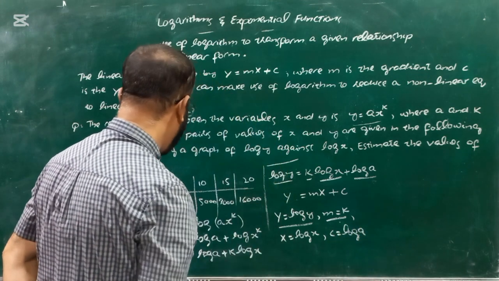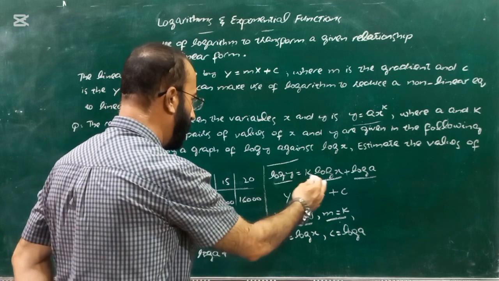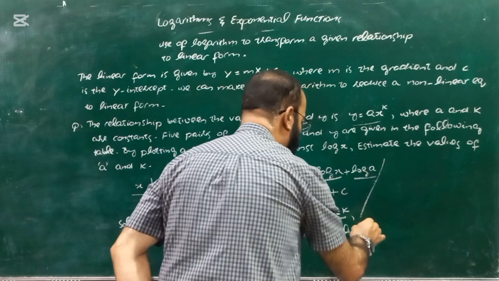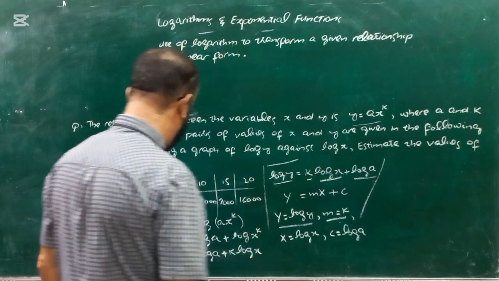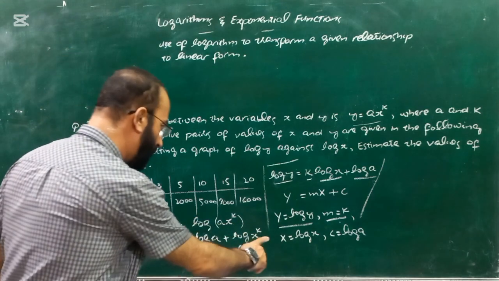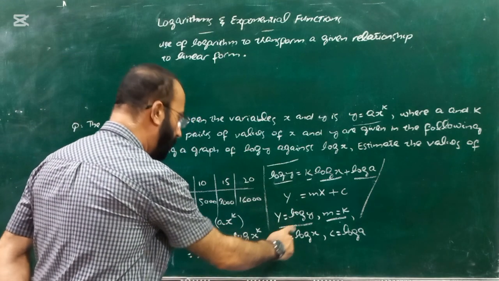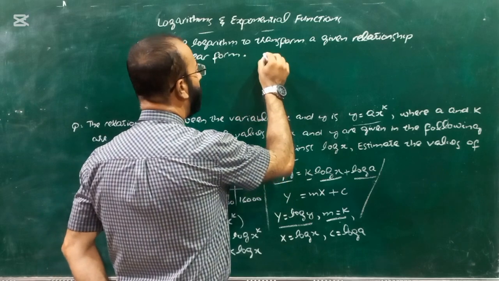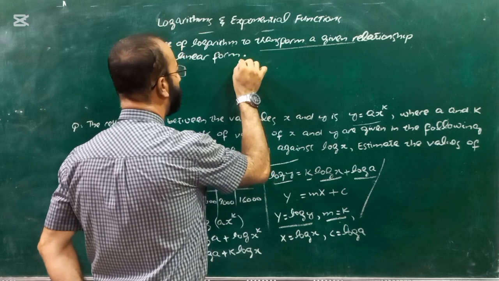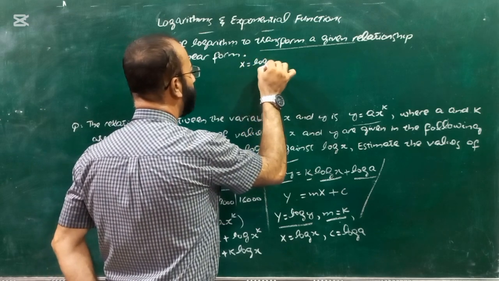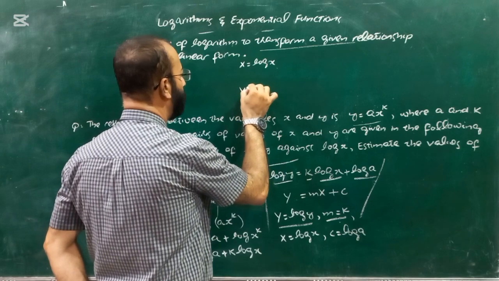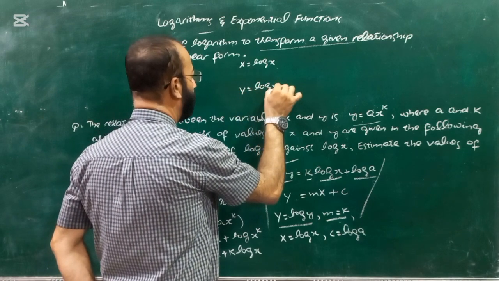At this step we have to take the values of log of x and log of y. So look now, we are going to make the table of log of x and log of y, because X is equal to log of x and Y is equal to log of y.